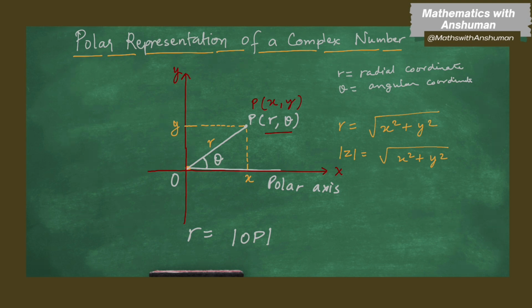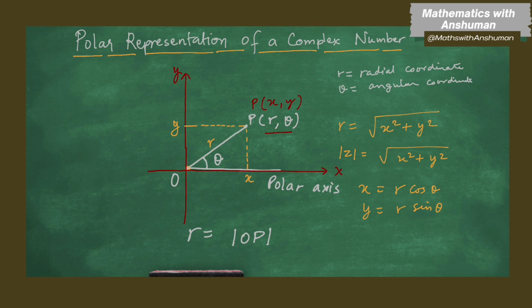If you have some understanding of trigonometry, then you simply know that the length x is equal to r cos theta and y is equal to r sin theta. That is, projection of OP on x-axis is r cos theta and projection of OP on y-axis is r sin theta.